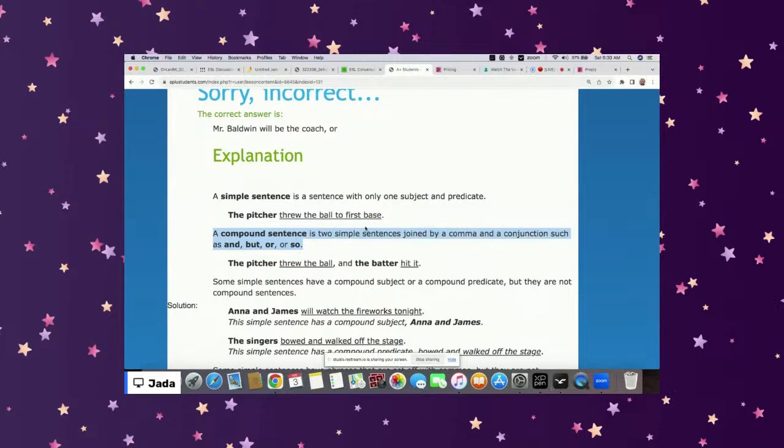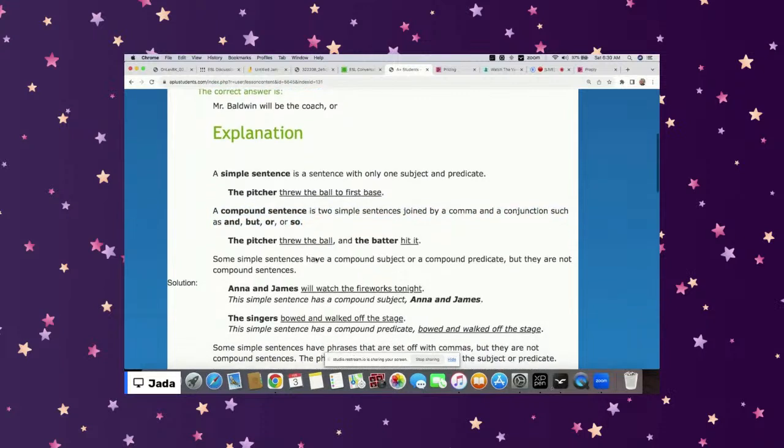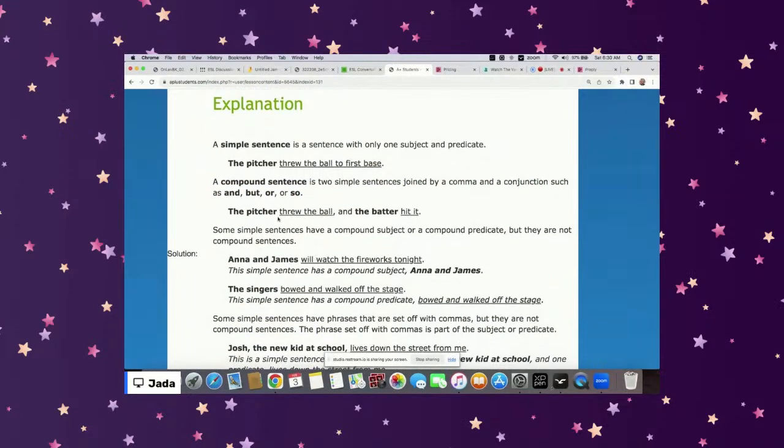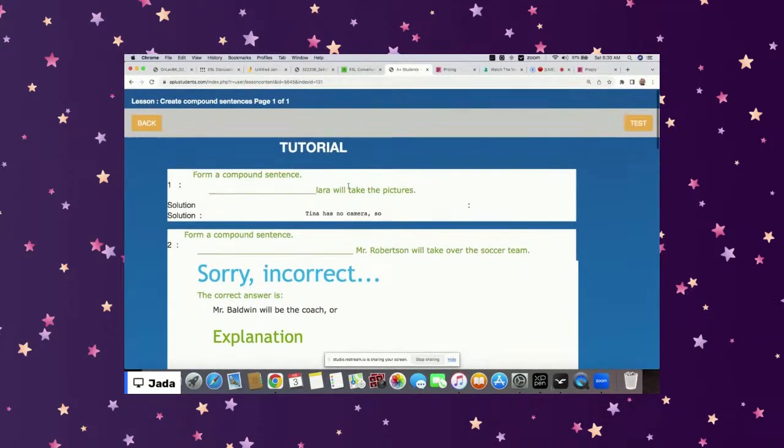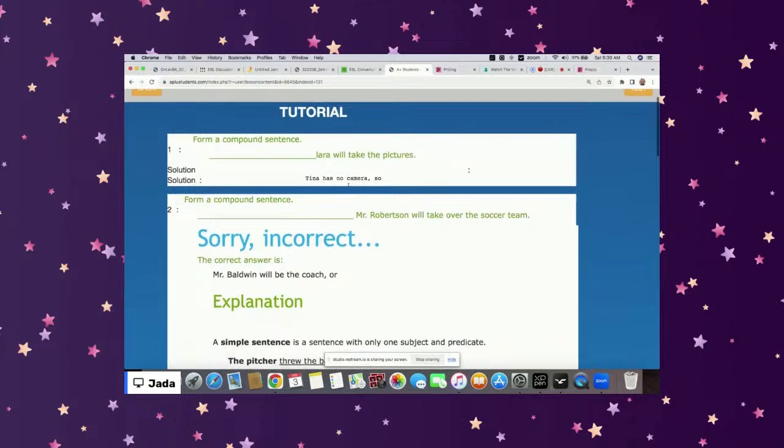If you want to leave, you can go. The pitcher threw the ball, and the batter hit it. So this is an example of a compound sentence. It has two simple sentences, the first one and the second. It has a comma and a conjunction. So take note that the compound sentence will have two simple sentences with a comma and a conjunction.